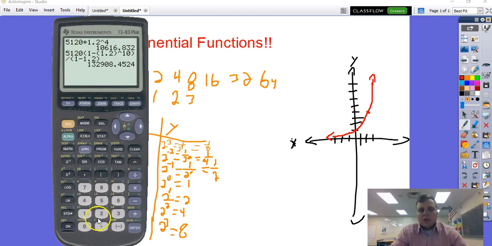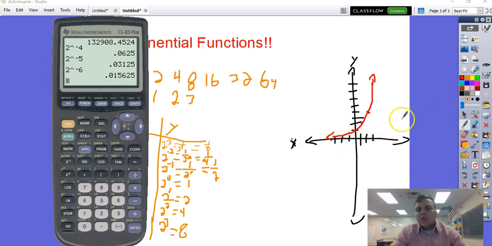If you go to 2 raised to the -4, is that negative? Is that even 0? No. 2 raised to the -5. No. 2 raised to the -6. Is this negative or 0? No.